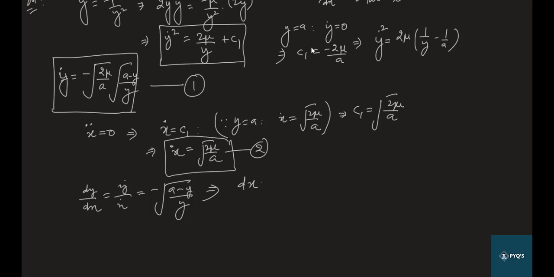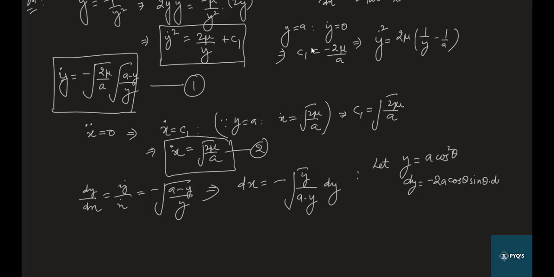So this is dx, take negative that side, and this is root of y upon a minus y dy. Now to integrate this, let y equals a cos square theta. So you got it. Now what will dy equal? dy will be equal to 2a, and then minus, this will be cos theta into sin theta d theta.